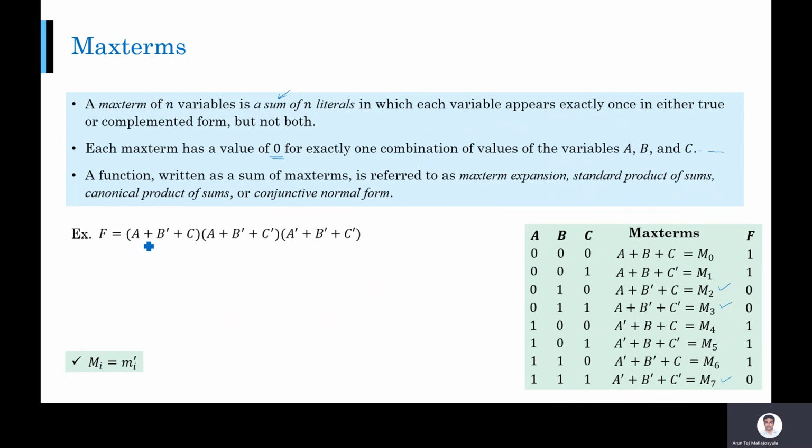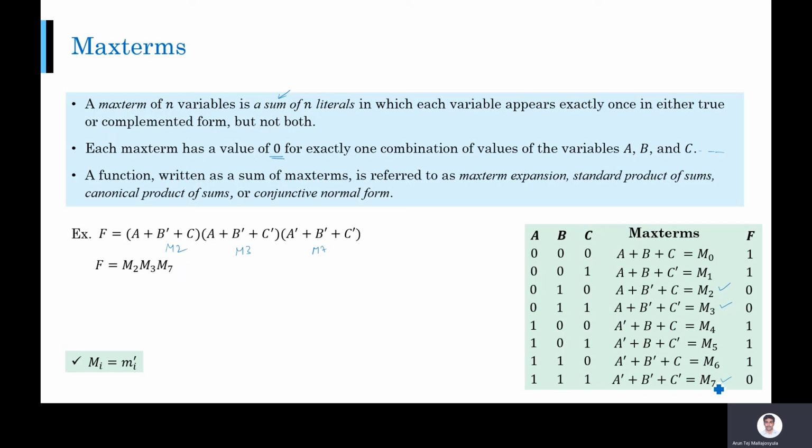So this is the example here. F is equal to a plus b dash plus c, that is M2. This is a plus b dash plus c dash, so that is M3. This is a dash plus b dash plus c dash, which is M7. So I can write my function as M2 into M3 into M7.